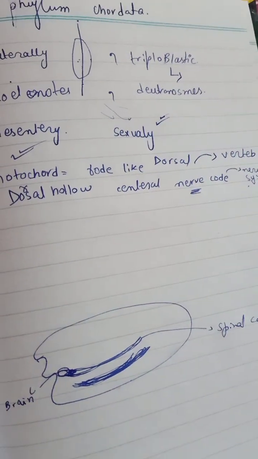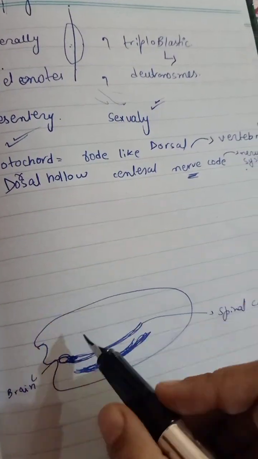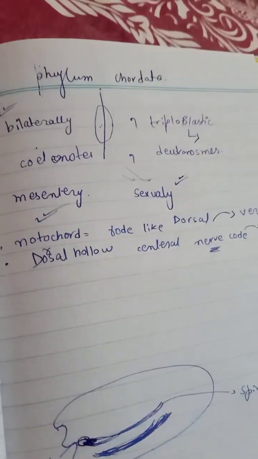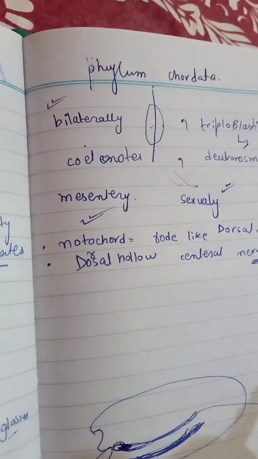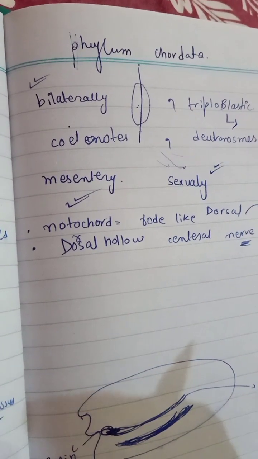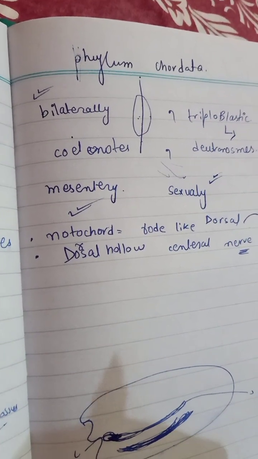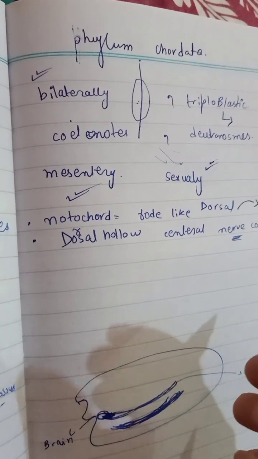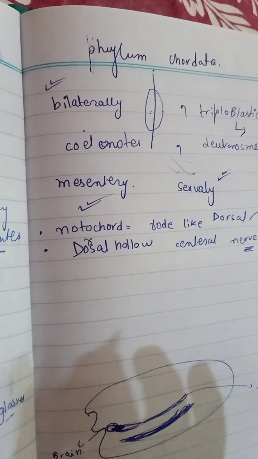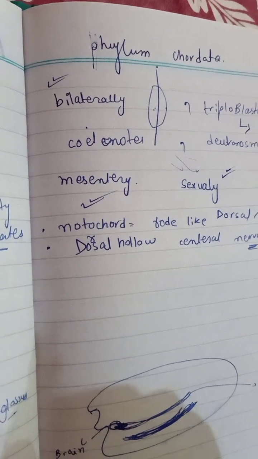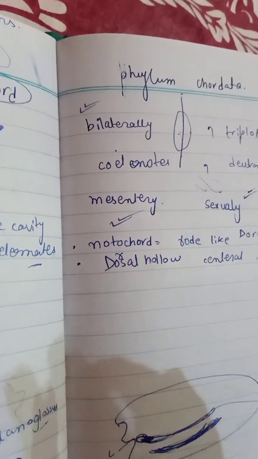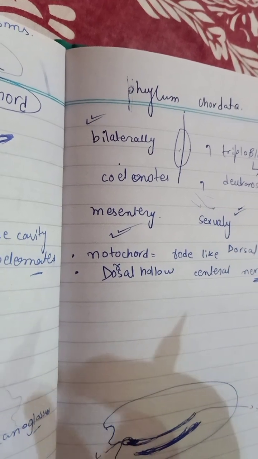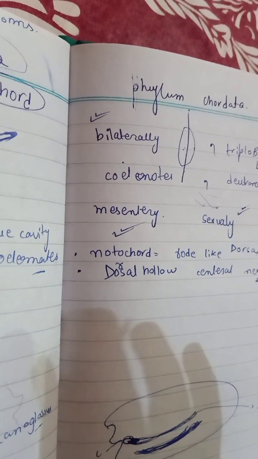So it is dorsal, toward the back, and it is a hollow structure, the central nerve cord or nervous system, consisting of a single tubular fluid-filled cord. That is called the dorsal hollow central nervous system. At the end it becomes the brain and the spinal cord.